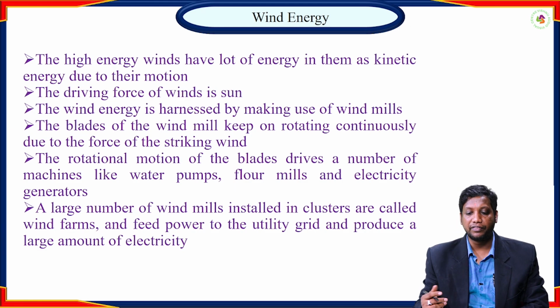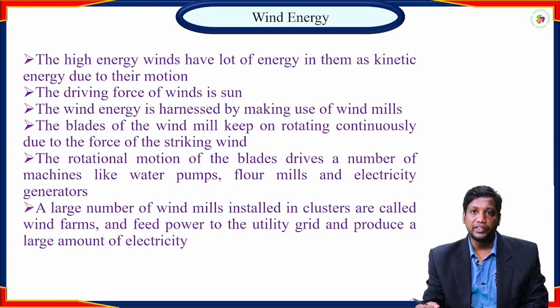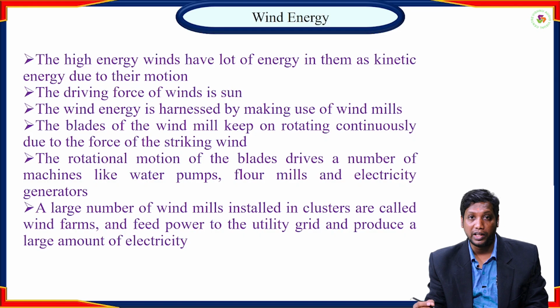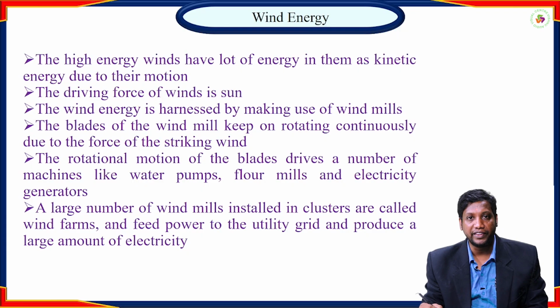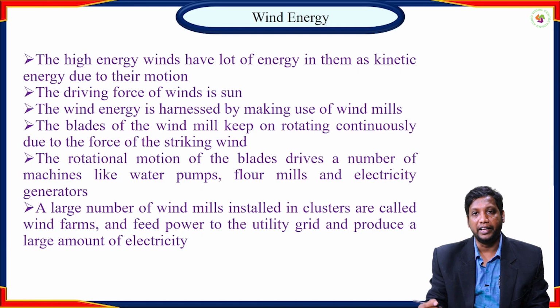So, first, whatever energy is associated with the wind, what is the reason for the wind? First thing we need to consider is that it is an indirect form of solar energy. Whatever solar radiation is received by the Earth's surface is responsible for the wind.